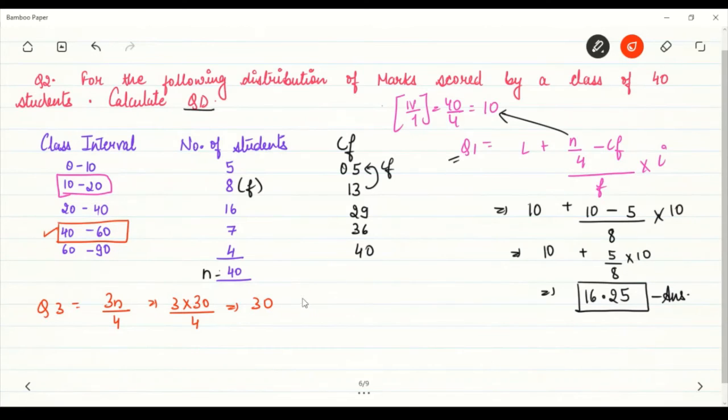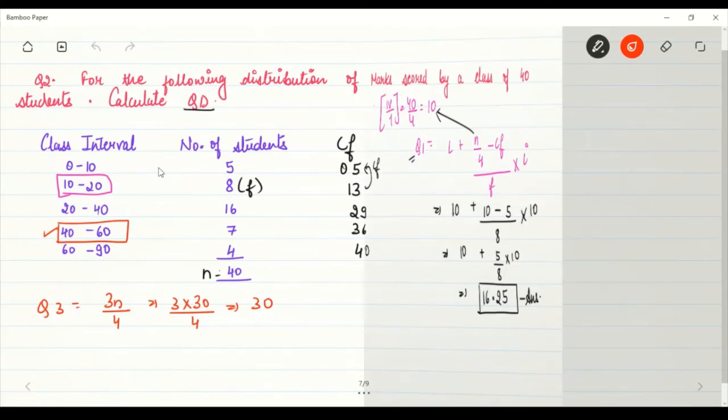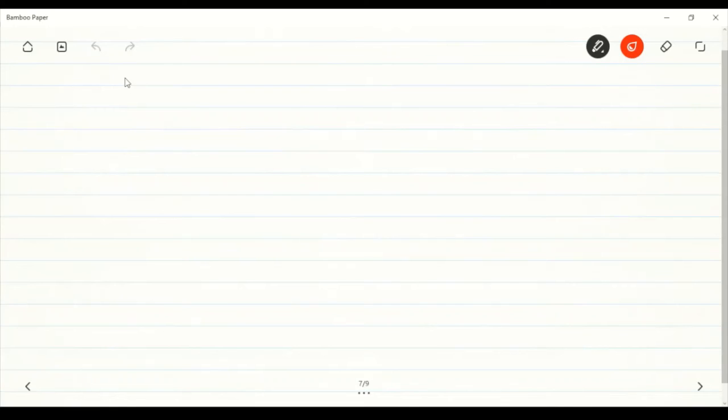Now using the formula to calculate Q3, what was the formula? We are going to calculate it on the next page. So the formula to calculate Q3 was Q3 equals L plus 3n by 4 minus CF by F into i.